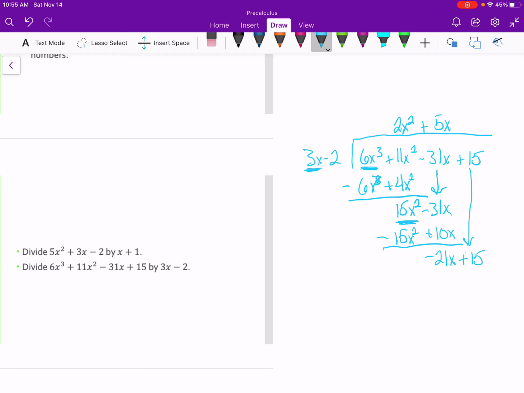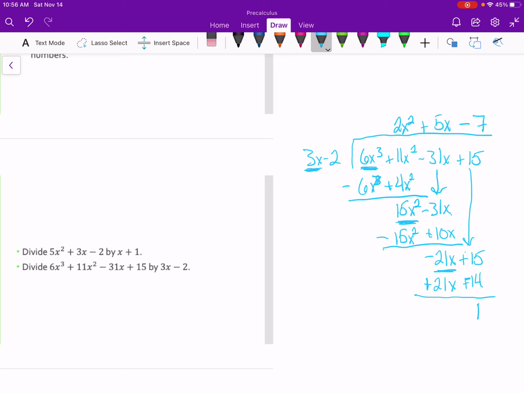Same thing. What do we have to multiply 3x by to get negative 21x? I have to multiply by negative 7. So we get negative 21x plus 14. Change your signs. And we have a remainder of 1 in this case.